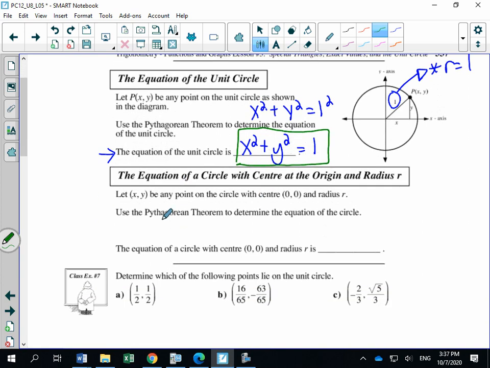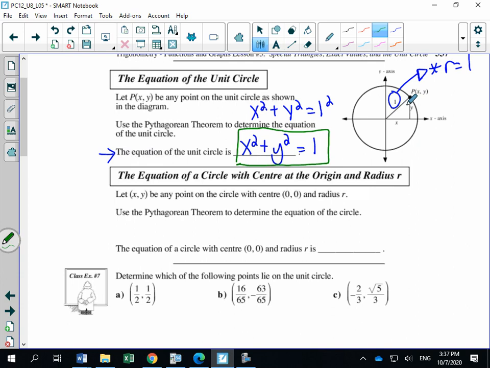For this second part, we're going to figure out the equation of a circle with a center at the origin and a radius of r. So now we're going to talk about what the formula would be if it's not necessarily the unit circle. The unit circle has to have a radius of 1, but I could have a circle with any radius that I want. What would be the equation of that?